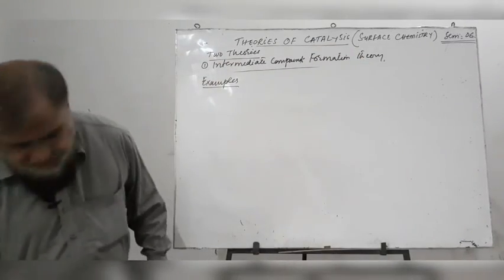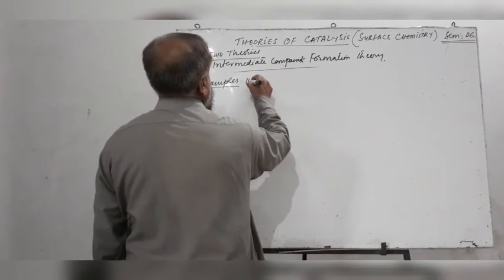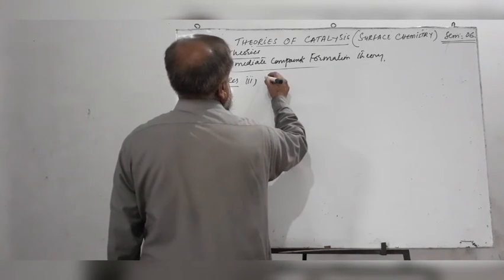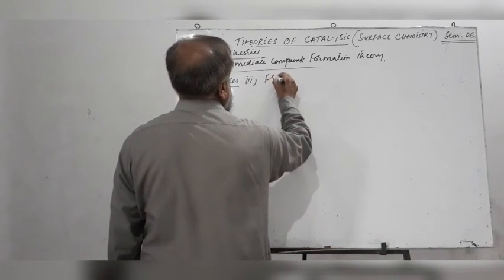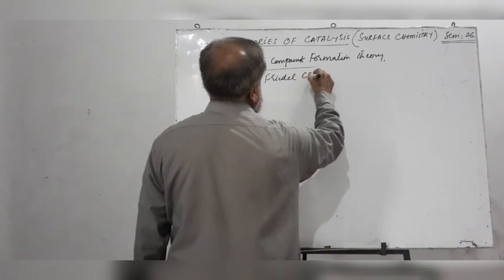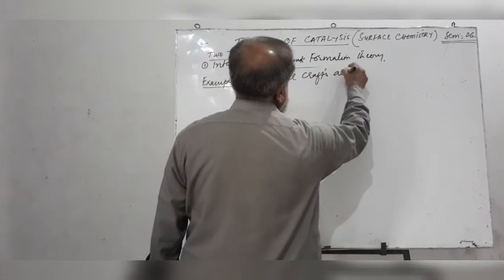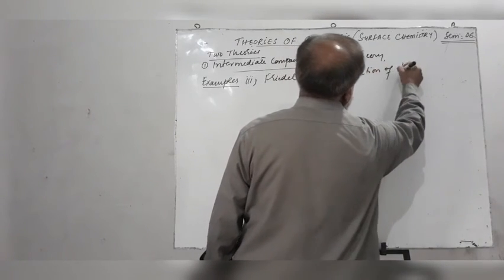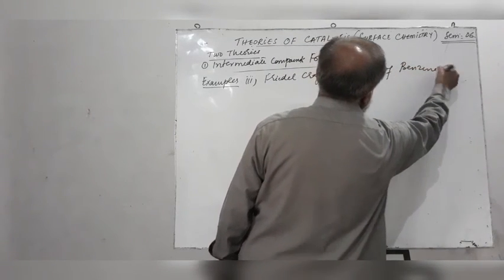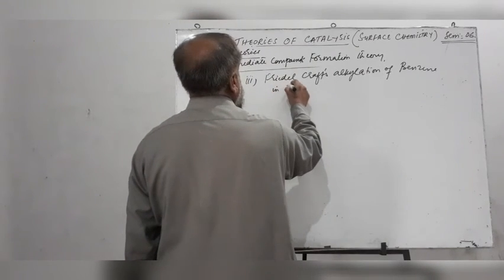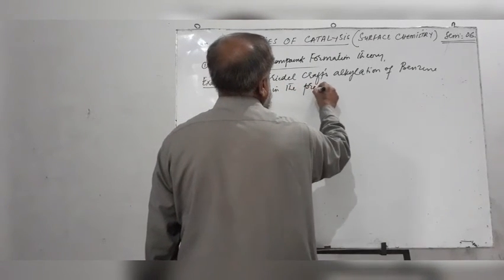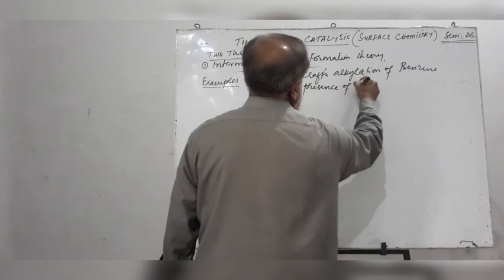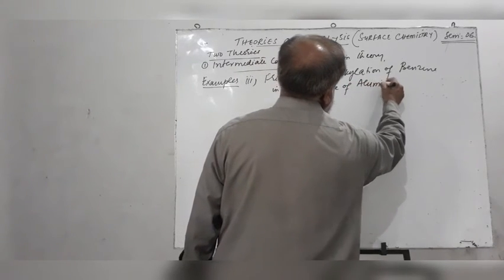Third example can be quoted as the Friedel-Crafts alkylation of benzene in the presence of aluminum chloride as catalyst.